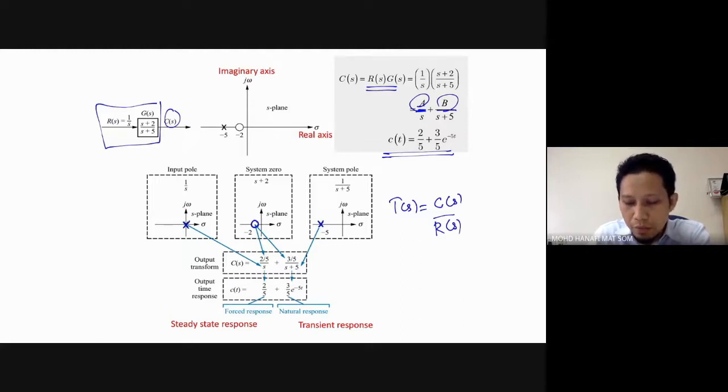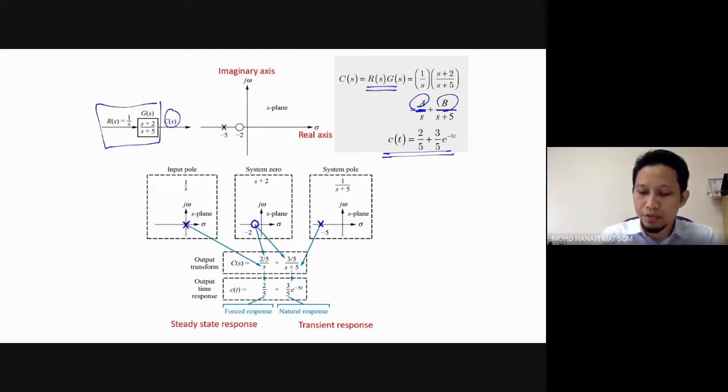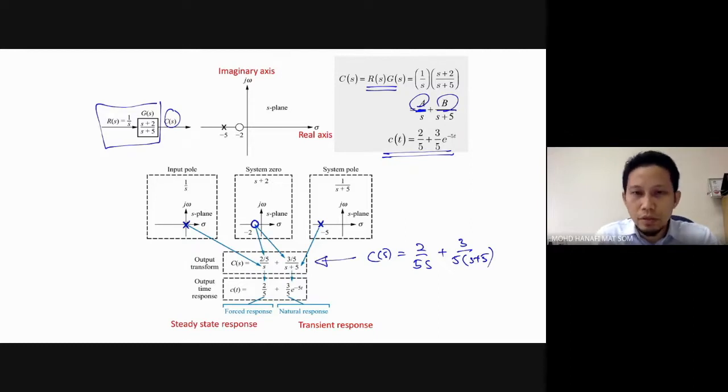So the output, when we represent it in the frequency domain or s domain, is C(s) equals (2.5s plus 3) over 5(s plus 5). From this, you can also represent the fraction like this.